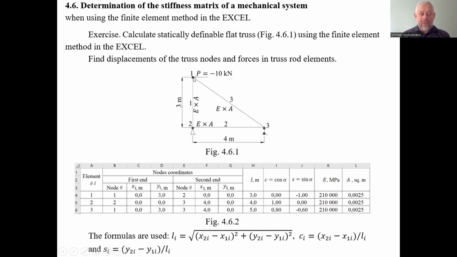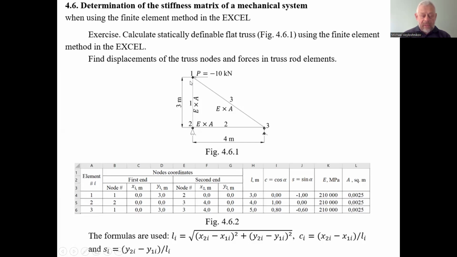Between point 1 and point 3 we have the third finite element. The sequence of the rods is 1, 2, 3, and the sequence of the nodes is 1, 2, 3 as well. But for the last one, originally we numbered the rods counterclockwise: first, second from node 1.